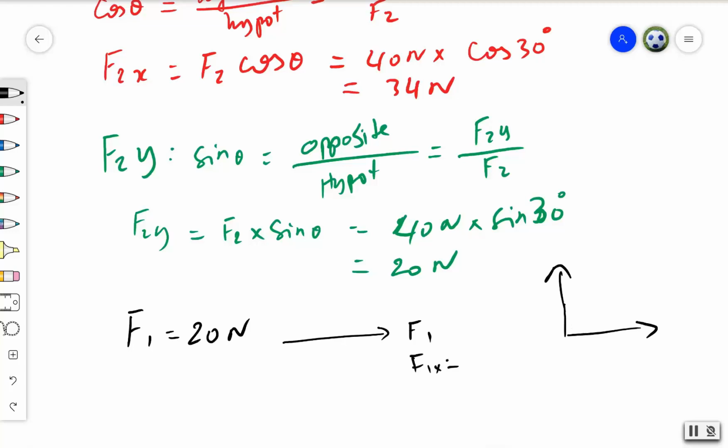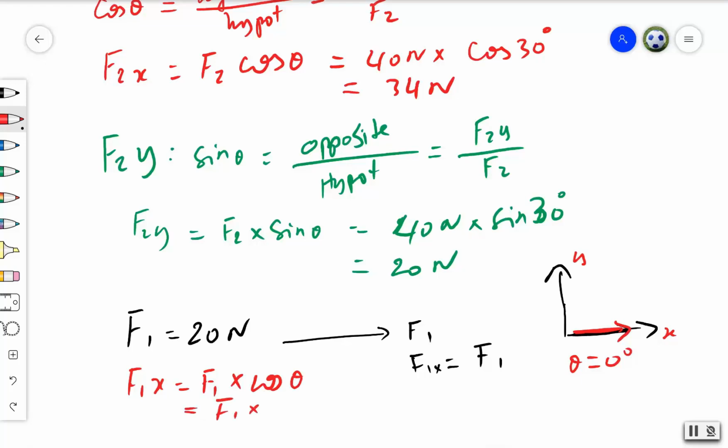F1x equals F1 because it's parallel to the x-axis, so theta equals 0 degrees. F1x equals F1 times cosine of 0 degrees, which equals 20 Newton, because cosine of 0 degrees equals 1.